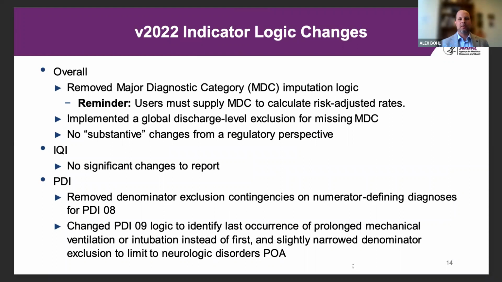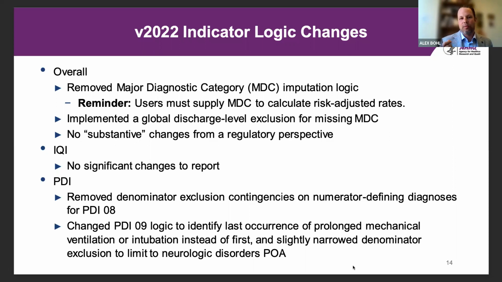So going into more of the specifics by module, the largest overall change this year across the board is the change in how major diagnostic category imputation logic works. Basically, it's been removed. For the past few years and releases, we've been encouraging users to supply their own major diagnostic category, or MDC, codes.